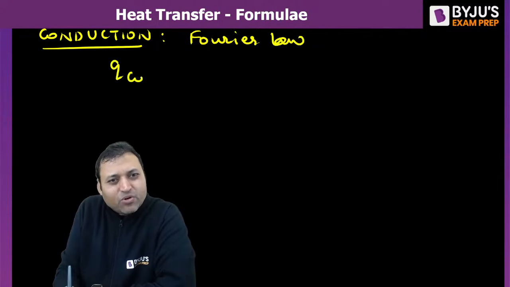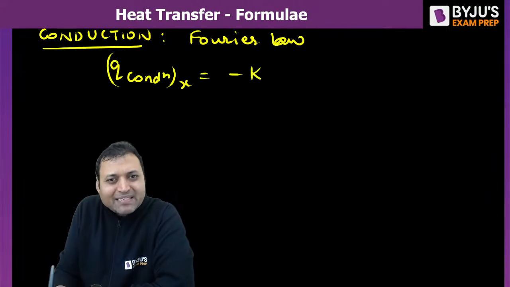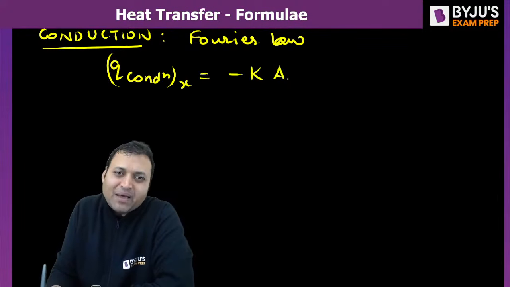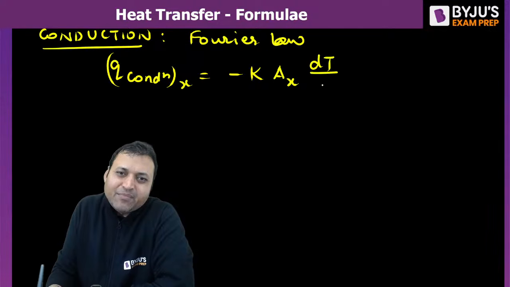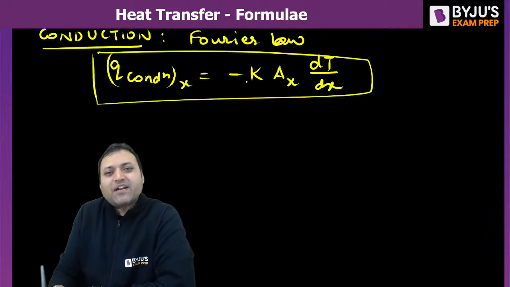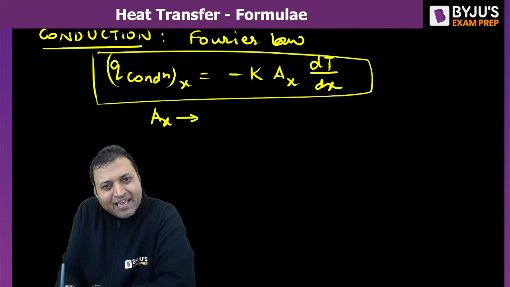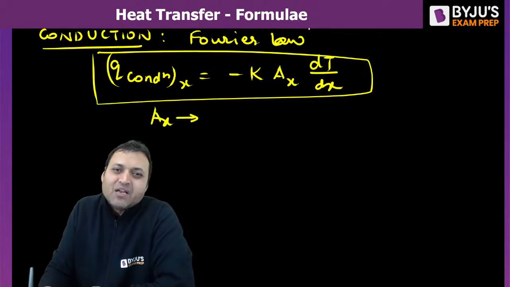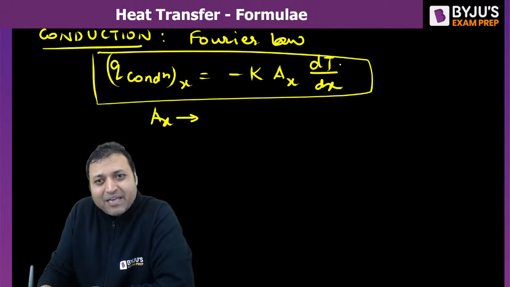According to Fourier law, Q conduction in x direction is equal to minus K into area normal to the x direction into dT by dx. That is the formula for conduction heat transfer rate, where Ax is the area normal to the direction of conduction, and conduction is due to temperature gradient.